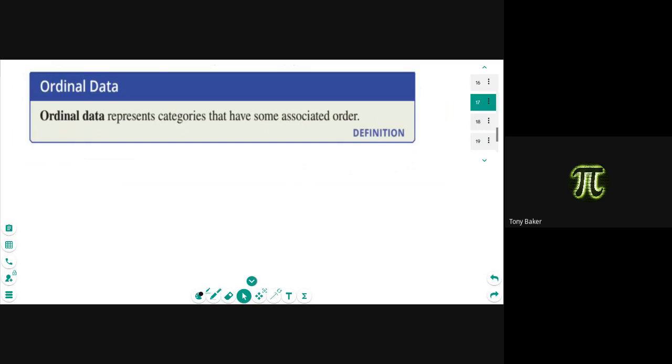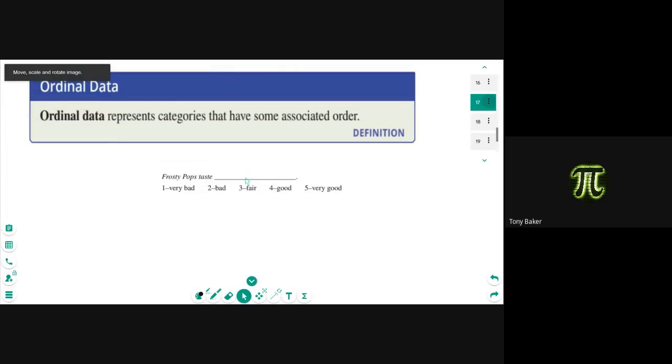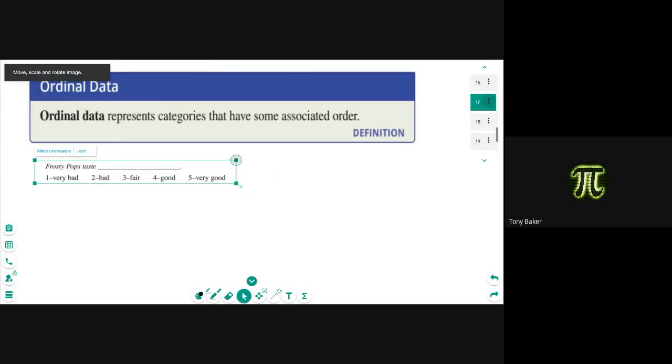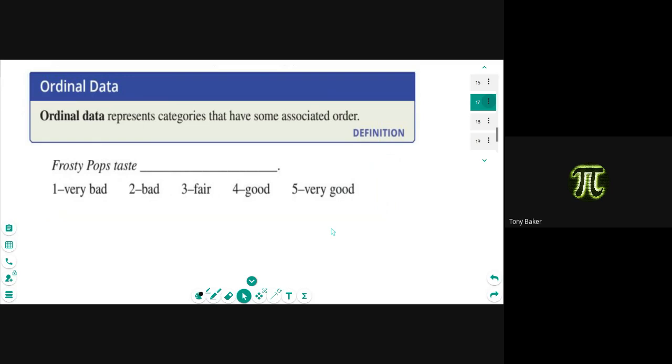A lot of times when you see ordinal data, it's going to be something like rankings. Star ratings are ordinal data because I can put them in order.